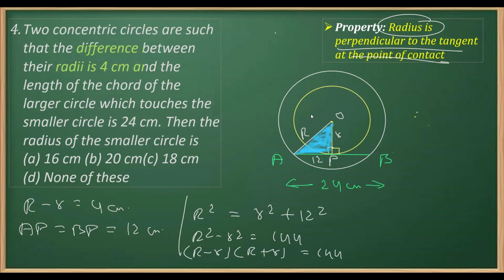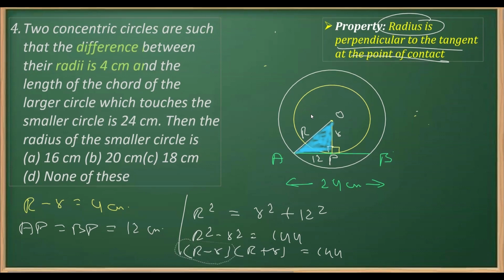We actually know the value of capital R minus small r, so we can replace it with 4 as per the question.